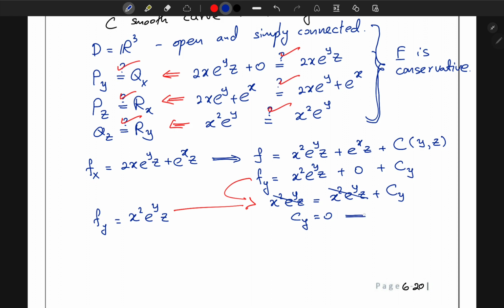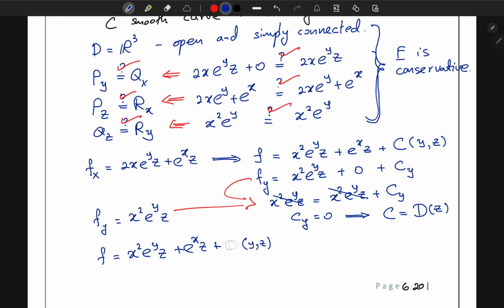Derivative with respect to y is 0. That means it's a constant. So c is a constant with respect to y. Now that means it only depends on z. Now at this point we know f is x squared yz plus x e^z plus c of z.